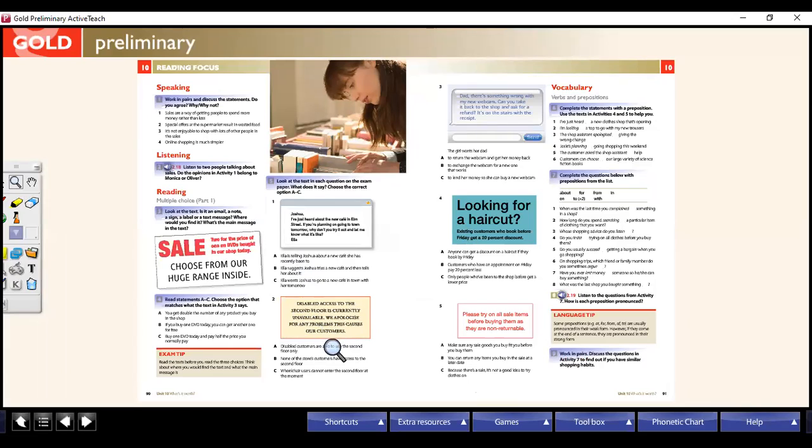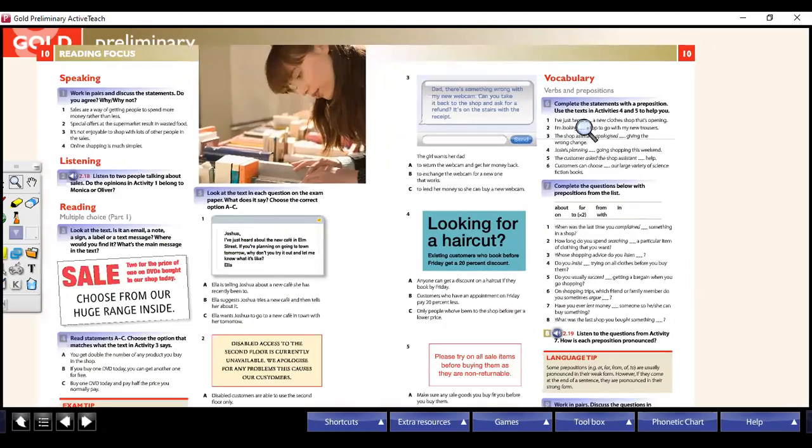We apologize for any problems this causes our customers. And you have three options. Same things that we did in here. Then you have here a message, I think, like an email, and then another sign, and then another thing here. And you have the options. So for next class, which is going to be next Monday, you have to give me the answer for this. And I'm going to introduce the topic that we're going to work on now, which is the vocabulary.